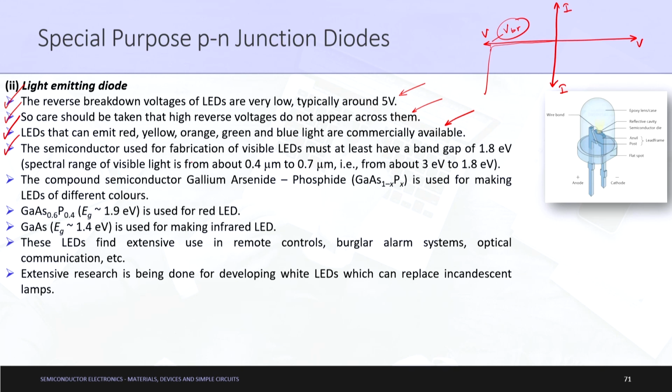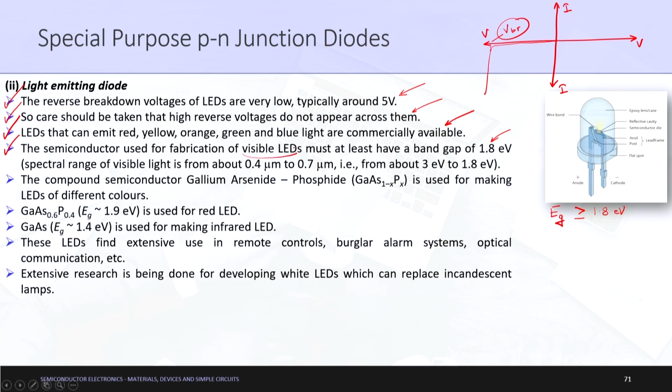The semiconductor used for fabrication of visible LEDs must have at least a band gap of 1.8 electron volts. Okay. So, the value of Eg should be greater than or equal to 1.8 electron volts. What does it mean by visible LEDs?